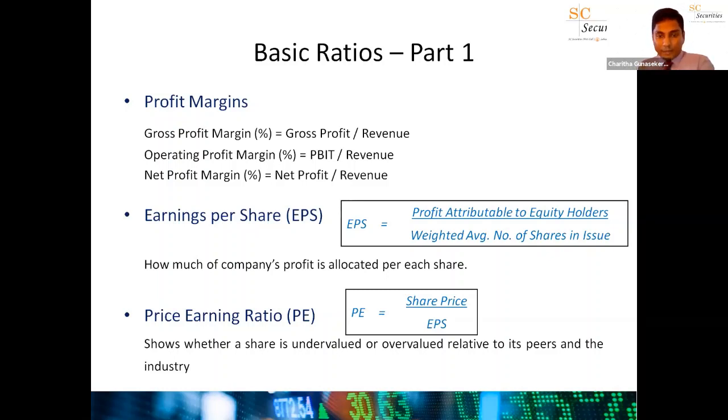You pay 10 rupees to own this share, the share has the earning capacity of 2 rupees per annum, so it will take roughly 5 years to earn back the price that you have paid. Okay, that's on a theoretical note.